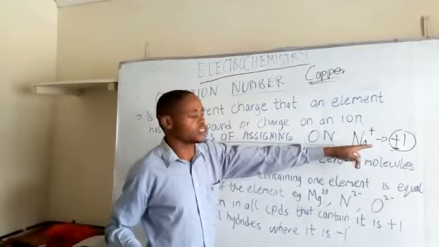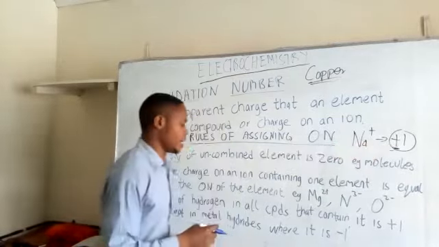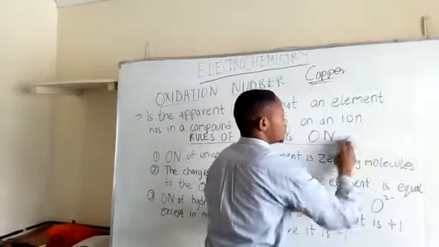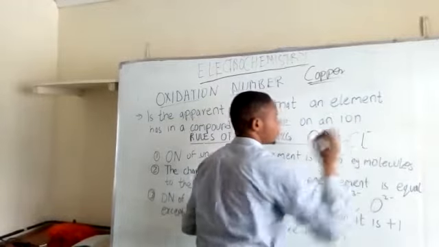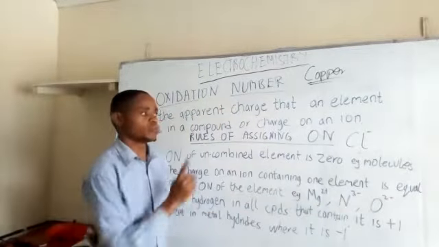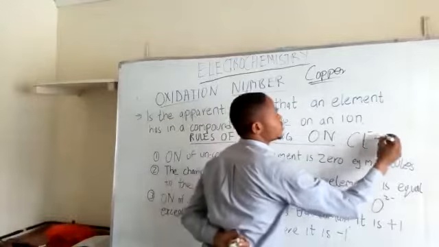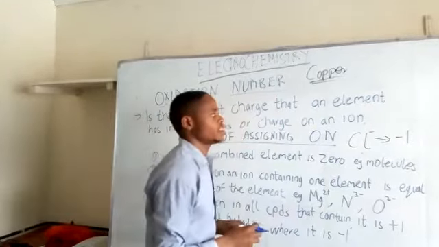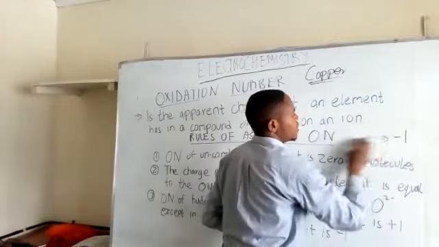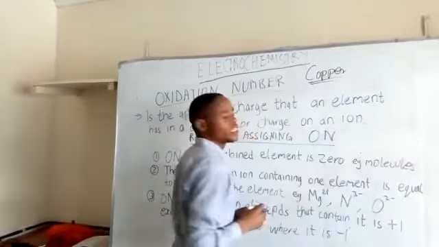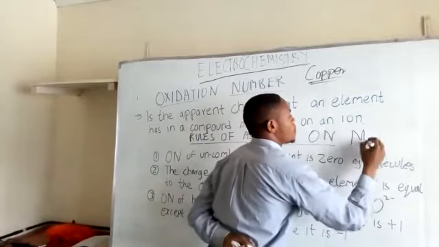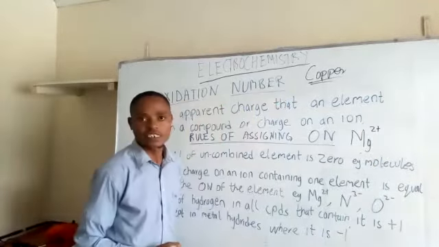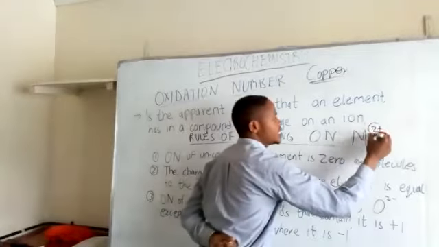And how many electrons does it lose? 1. Another example, you can have chloride ion. The oxidation number of this one is -1. Let me give you an example where the oxidation number is not 1. We can have something like magnesium ion. As you can see, this is how we write the charge.